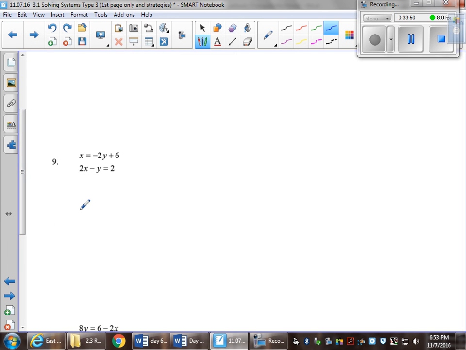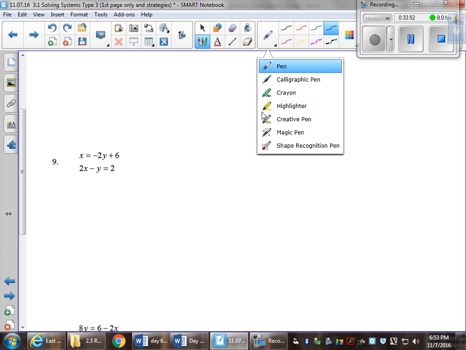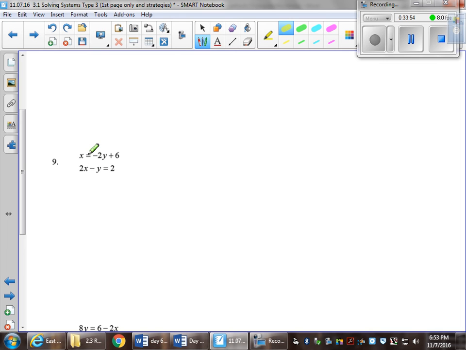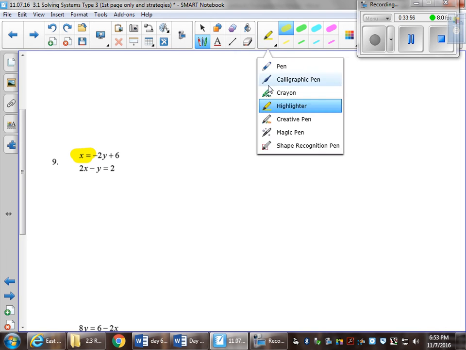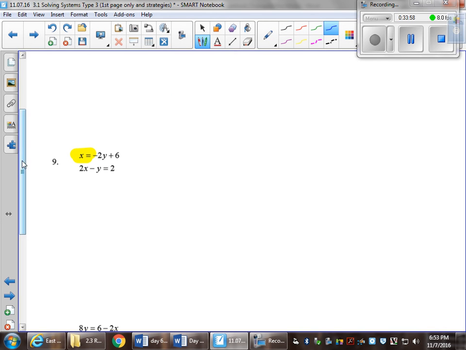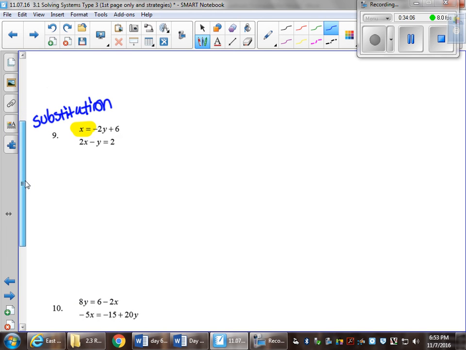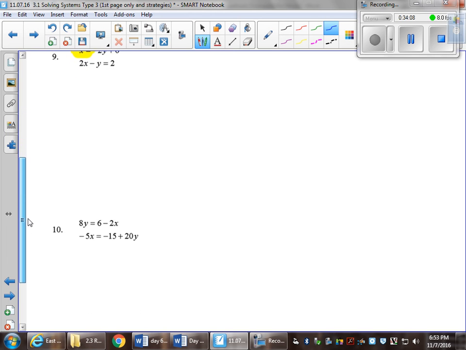Number 9, substitution or elimination. Well, when I look, this one is solved for x. So again, this will be a substitution question. Use substitution. Number 10, I definitely don't have a standard form system.